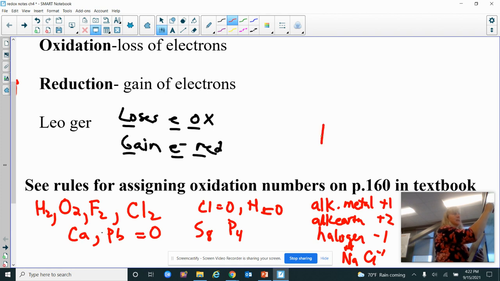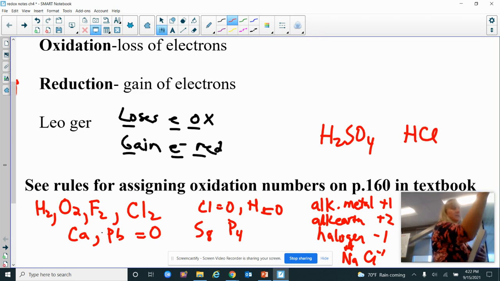So for instance, in H2SO4, all those oxidation numbers would have to add up to equal 0. In HCl, the oxidation numbers add up to 0. All right. So then for a polyatomic ion, the oxidation numbers have to add up to equal the charge. So if we have SO4 -2, that means that those oxidation numbers are going to add up to -2.